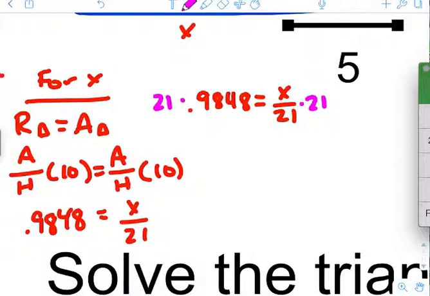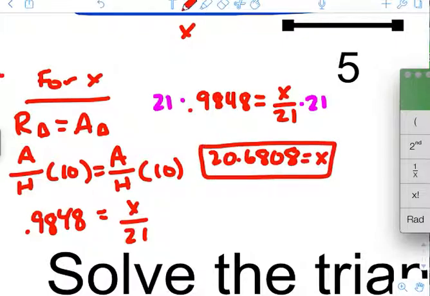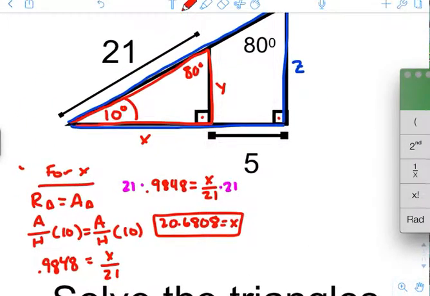Okay, and we have x to be 20.6808. Okay, so that's for x.